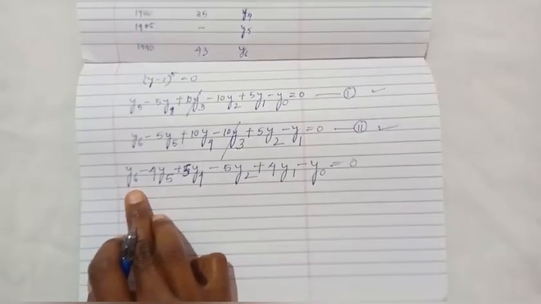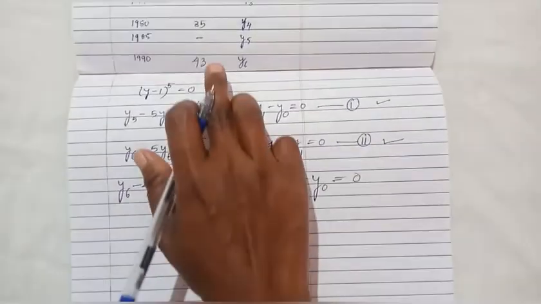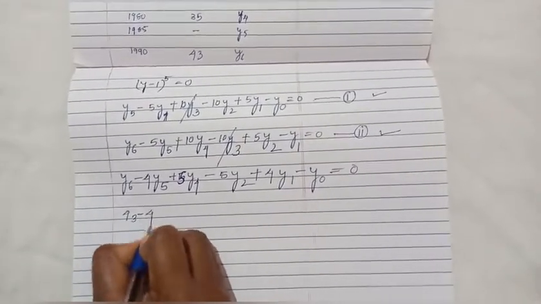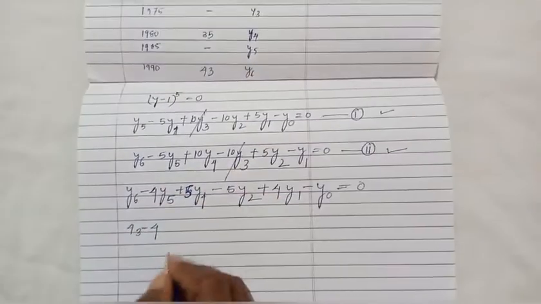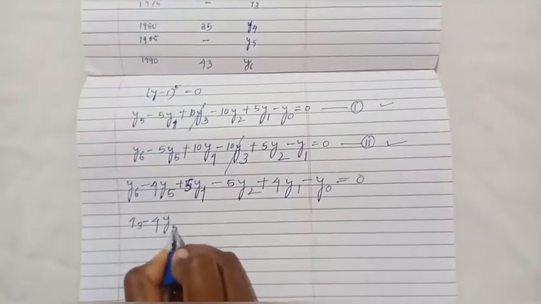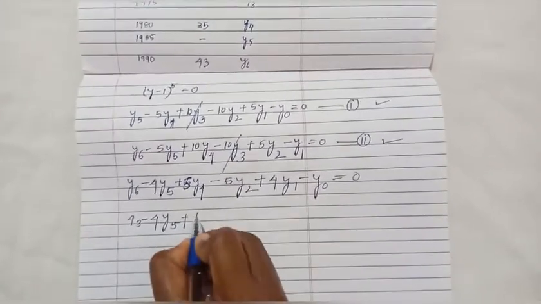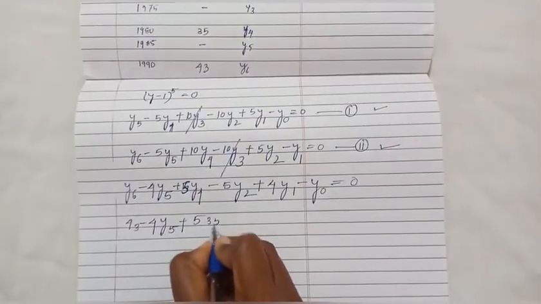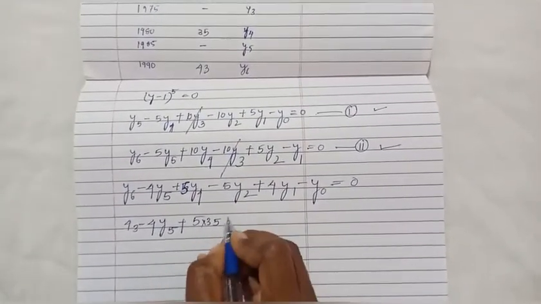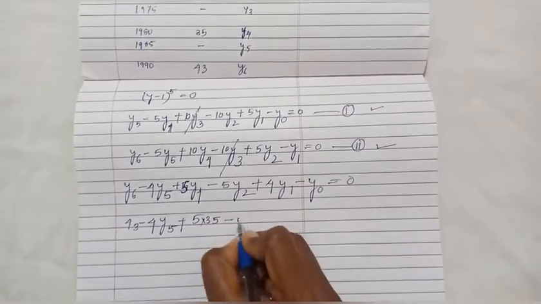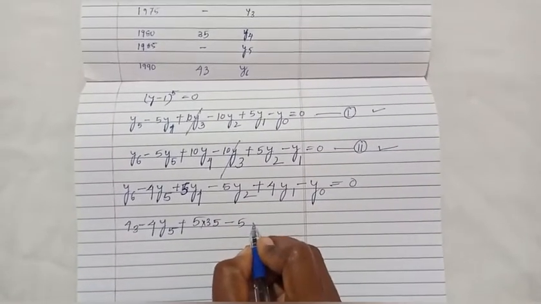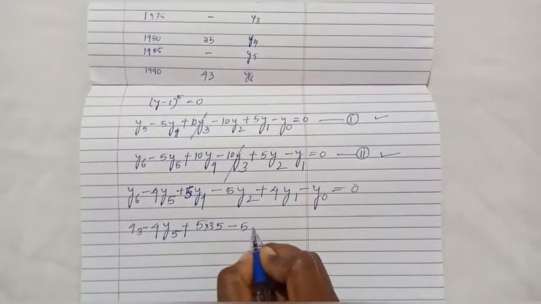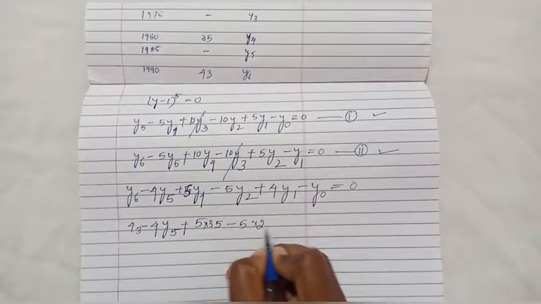For y6 we have how much? 43. We have to write here 43 minus 4. y5 we don't have any value, so just write y5 as it is. Then plus 5, y4 we have here 35. Then minus 5, y2 value we have here how much? 26.